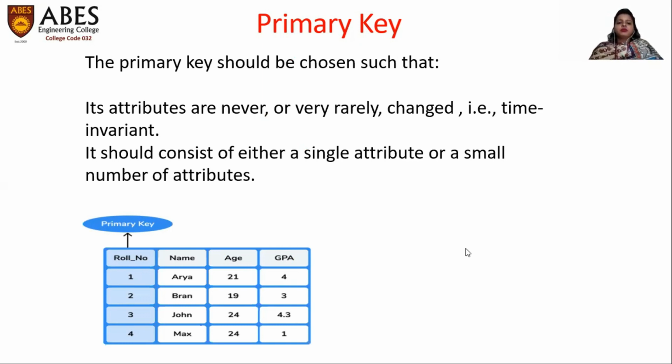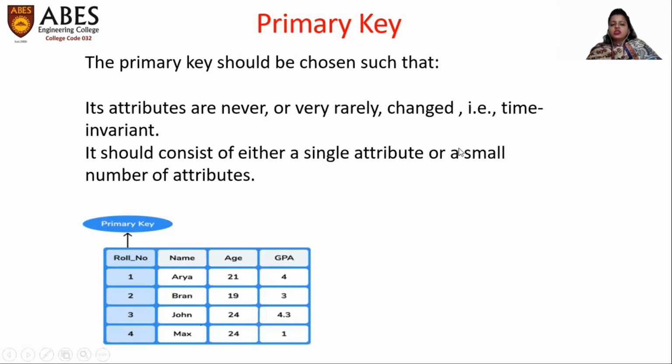Now, what are certain properties? The primary key should be chosen such that its attributes are never or very rarely changed. Also, it should consist of either a single attribute or a small number of attributes. If you have a single attribute that can uniquely identify the entire record, that's fine. Another case is when you do not have any attribute that can uniquely identify a particular record.